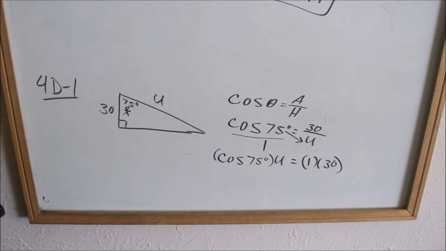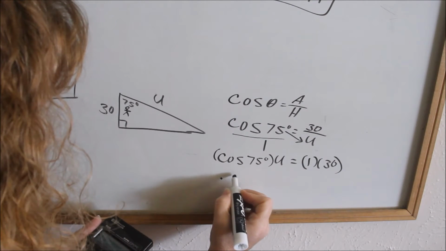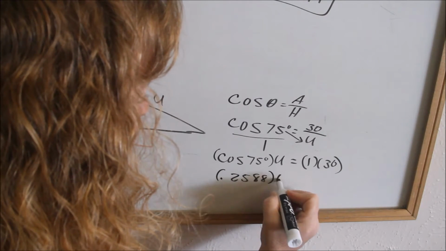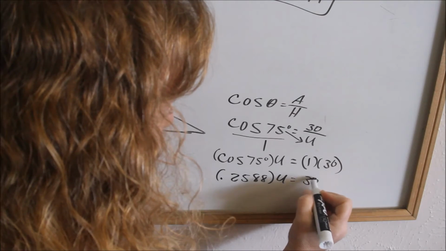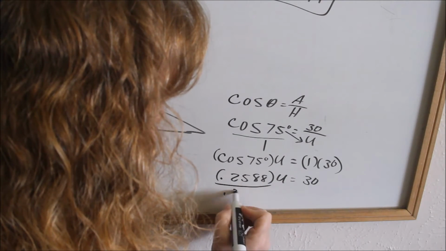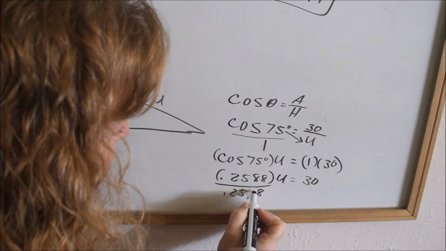Turn cosine of 75 degrees into a decimal to 4 decimal places. You can either use the trig tables or your calculator. Cosine of 75 degrees is 0.2588 times U equals 30. Solving for U, we need to get rid of this. It means divide both sides by 0.2588.